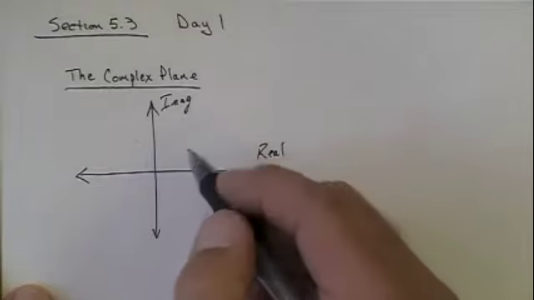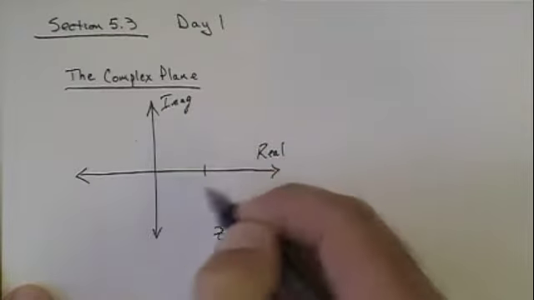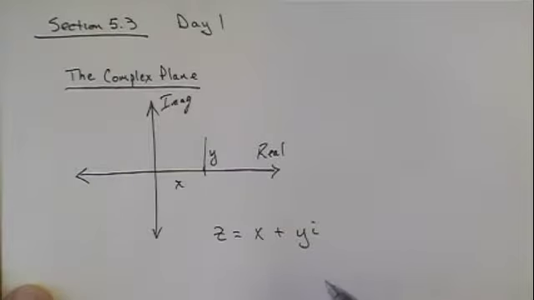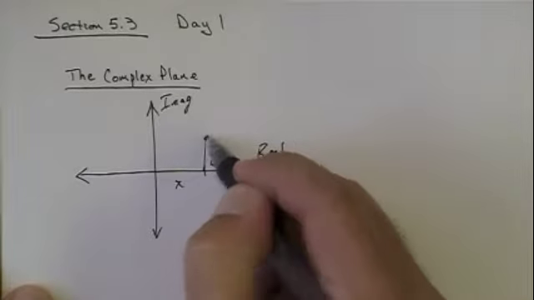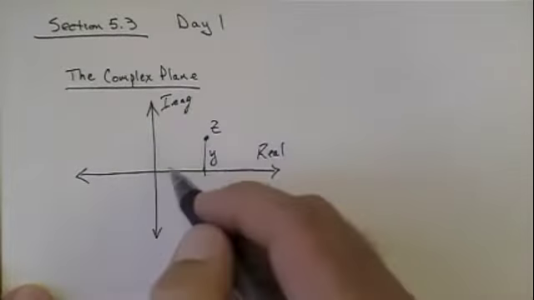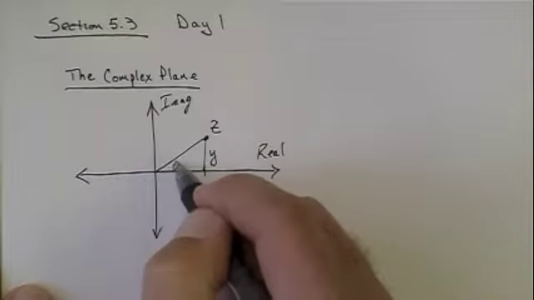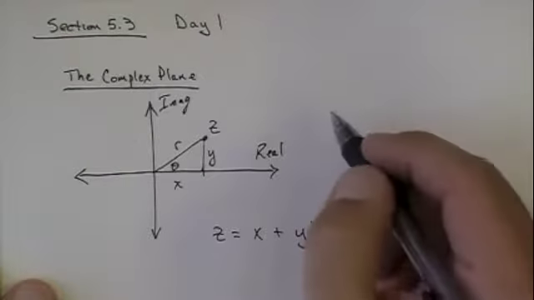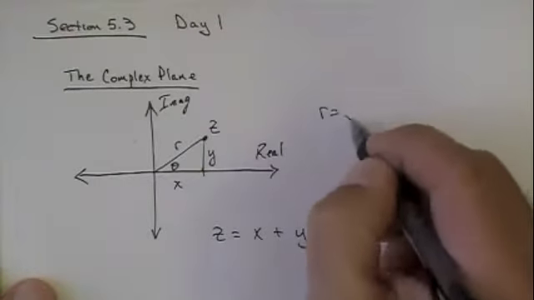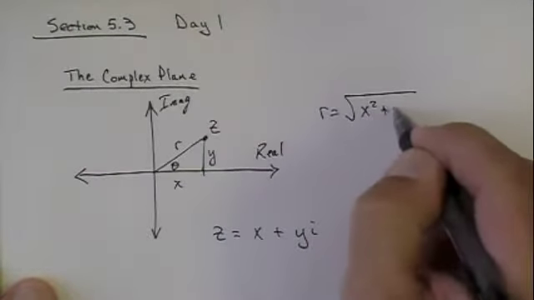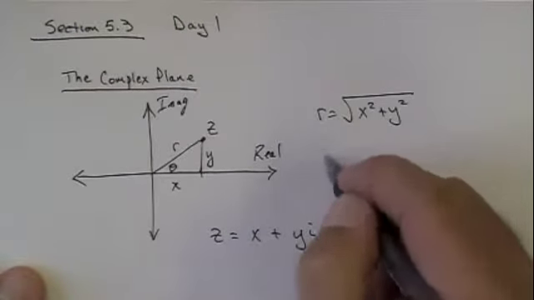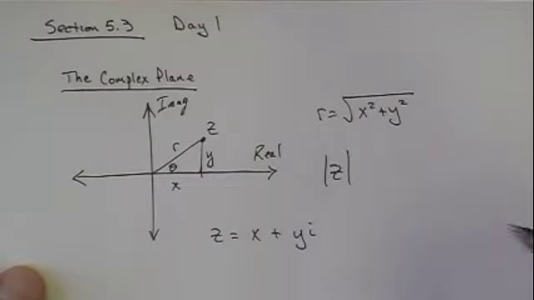What we're saying is that we're going over x and then up y, so it's almost like we're doing our rectangular coordinates to this point z right here. Now we could still think of that as polar. We still have our angle theta here, and here's r as our radius, and we know that r is equal to the square root of x squared plus y squared, and we would also think of that as our magnitude.